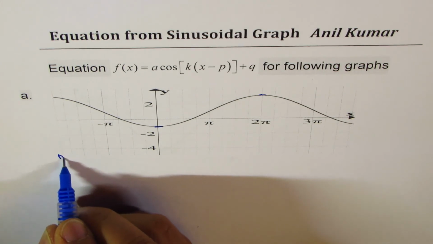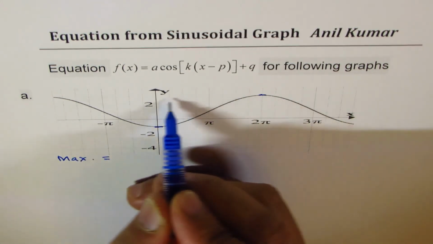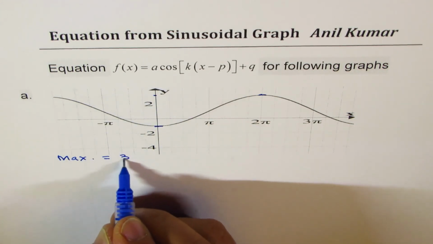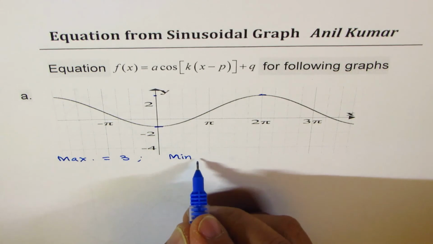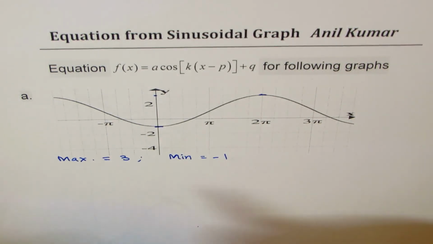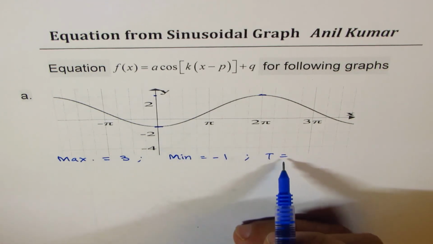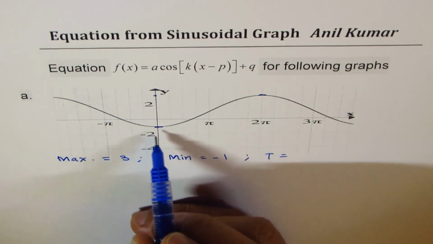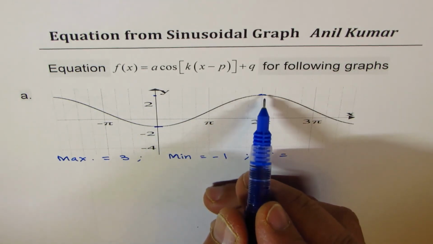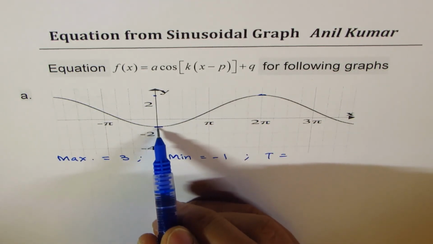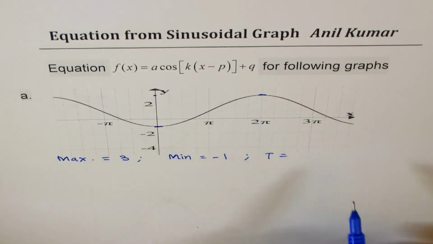In our case, the maximum value is 3. Minimum is -1. For finding the time period t, you could look at the maximum and minimum, which is half the wave. Here it is 0 to 2 pi, so it is half the wave.